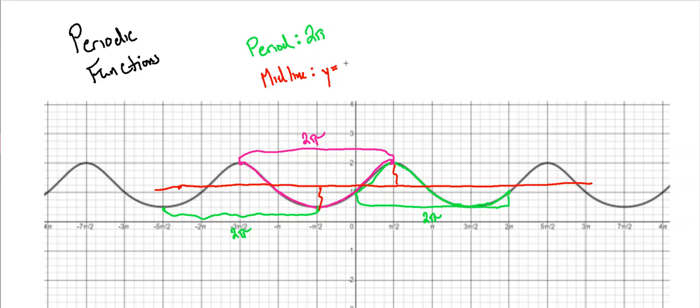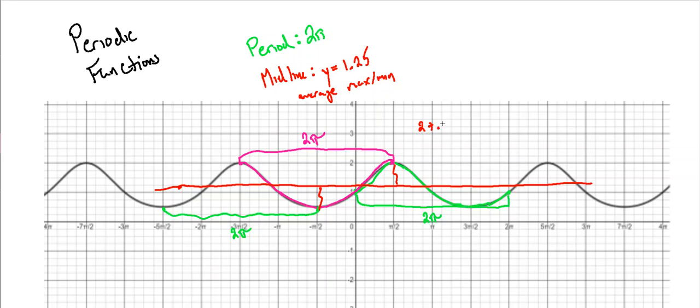And in this particular case, y would be equal to 1.25. Now, another way of figuring out what the midline is, if it's a little difficult to tell, is you can average the max and min. So if I look here, the maximum is 2, and the minimum is about 0.5, right?